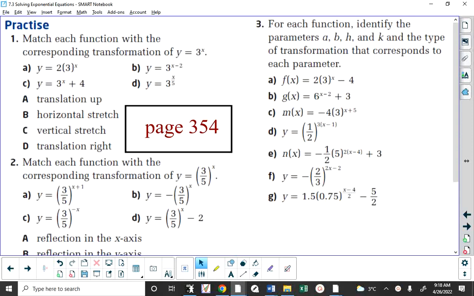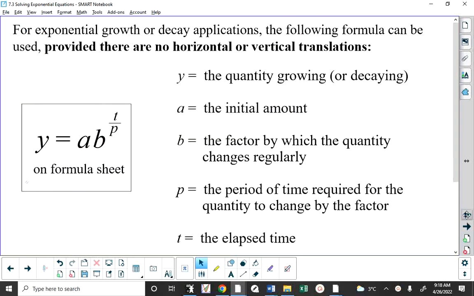We also continued to expand on our skills analyzing applications of exponential functions, where we finally got to the point where we changed y equals c to the x, which is what we talk about in your textbook, to this little beast, which is on your formula sheet, and it can be used for any type of exponential growth or decay.